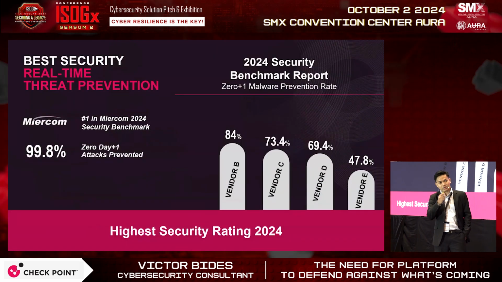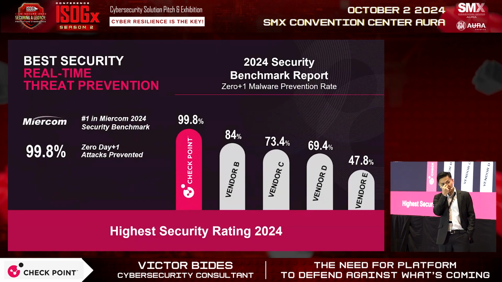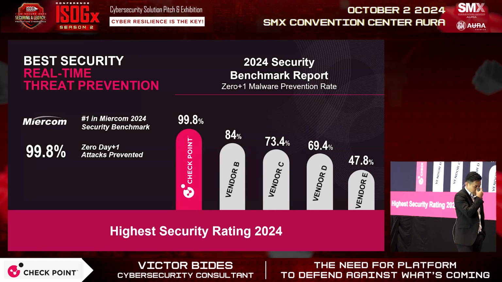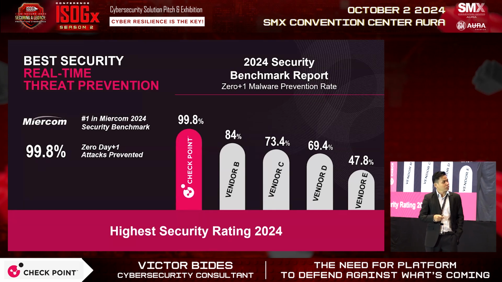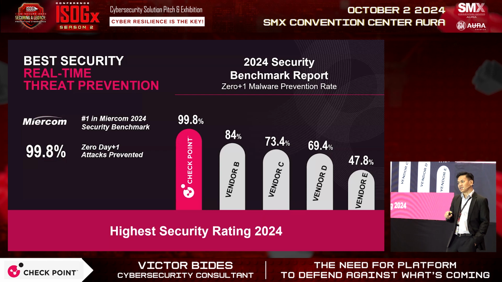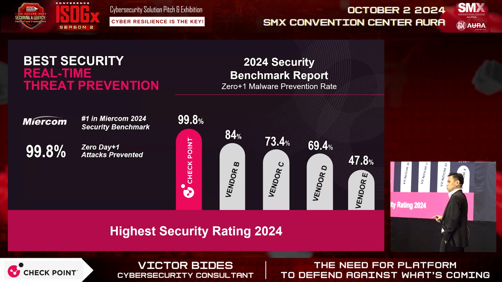Okay? Not only with those different attack vectors that you need to take into account, you must also make sure that the security platform you're using is very much effective as well. Okay, right now on the screen, I'm representing a 0+1 malware prevention. Okay, with 0+1, that means 24 hours or 1 day past the discovery of new malware.